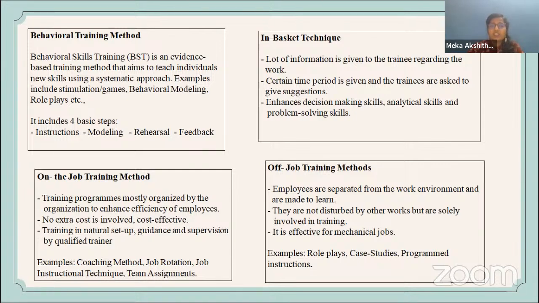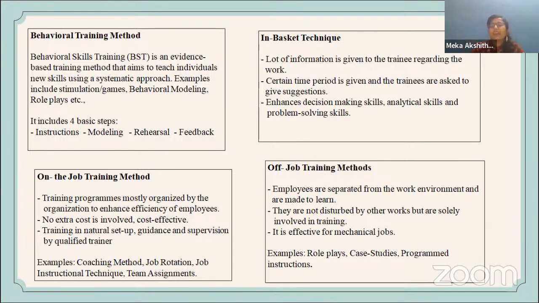So these behavioral training methods can include games, behavioral modeling, and role plays. Talking about games, these behavioral training methods can include games that involve cooperation and coordination. They would bring a team of people and give a task, as in a game, wherein the efforts of all the members of the team are important. If even one member of the team is not putting effort into playing that game, they can't complete it.